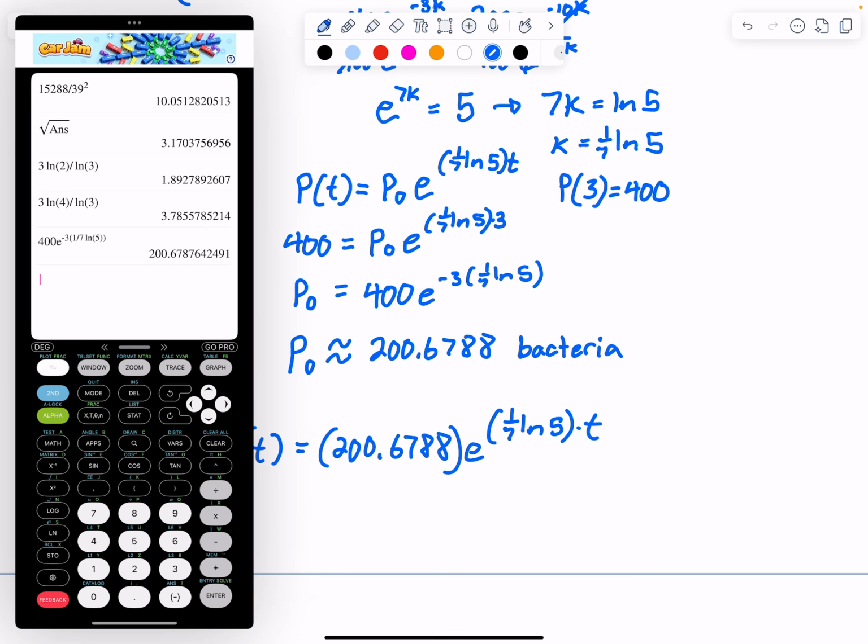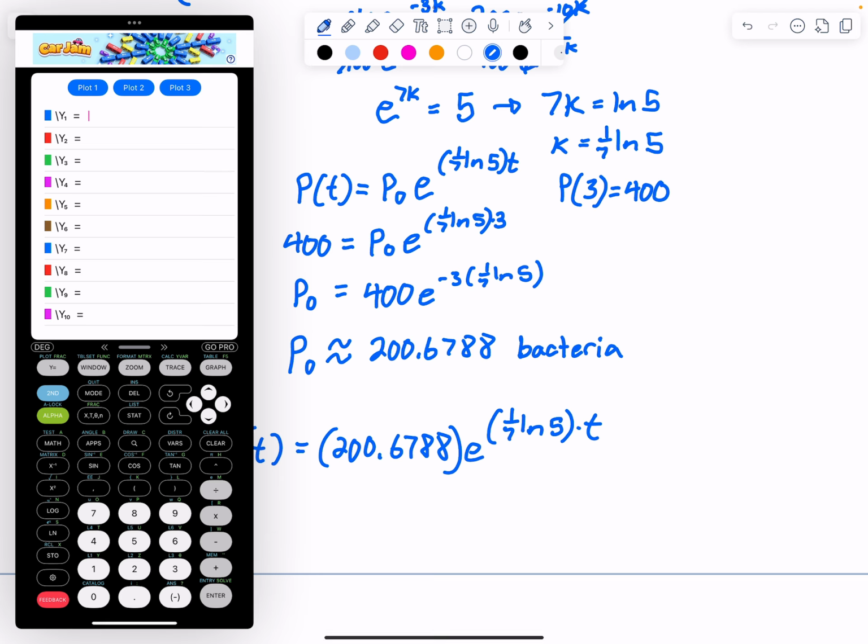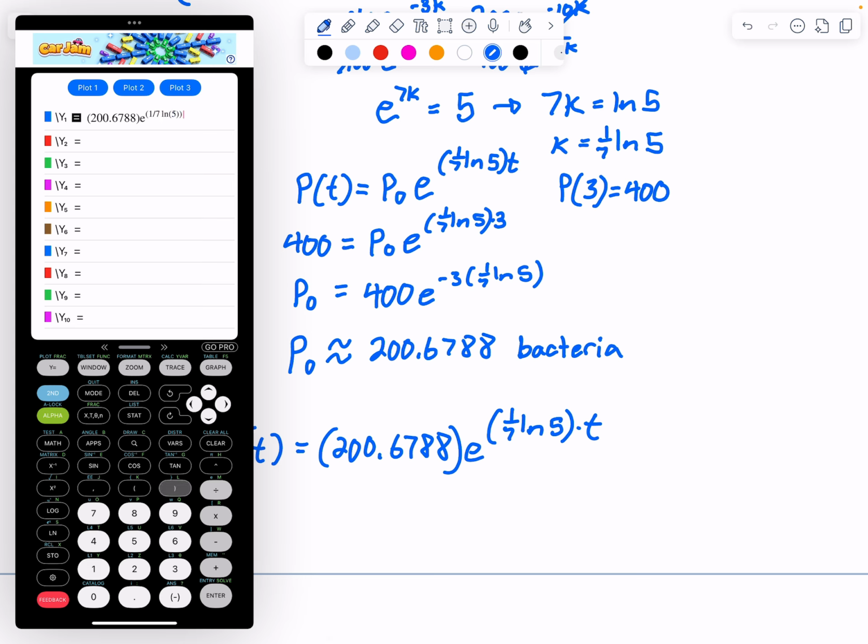But to check, I'm going to go up to y equals and plug this in: 200.6788, close that, e to the 1/7 ln of 5 times, and then our variable x.